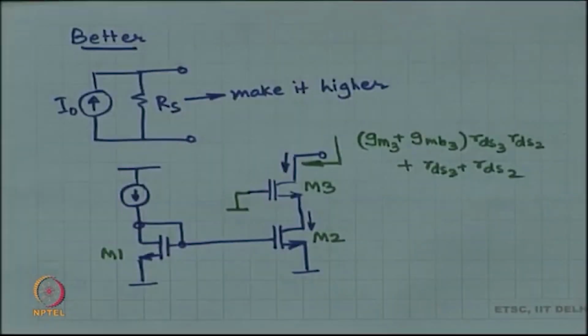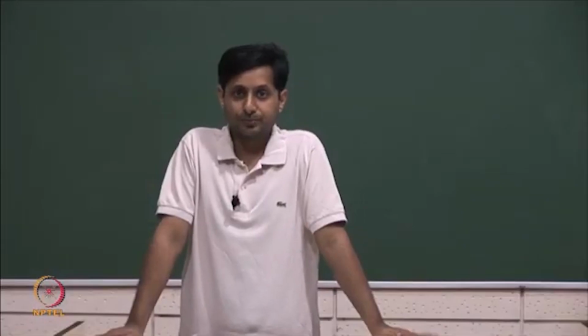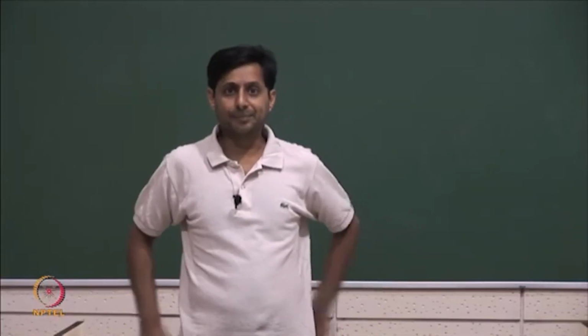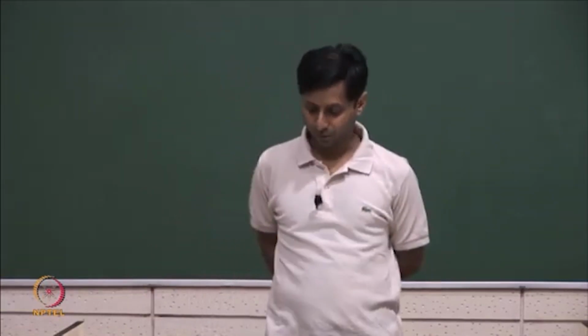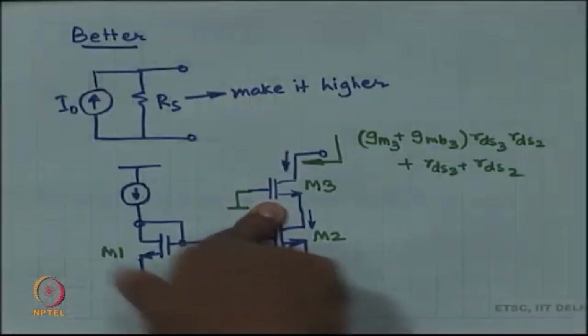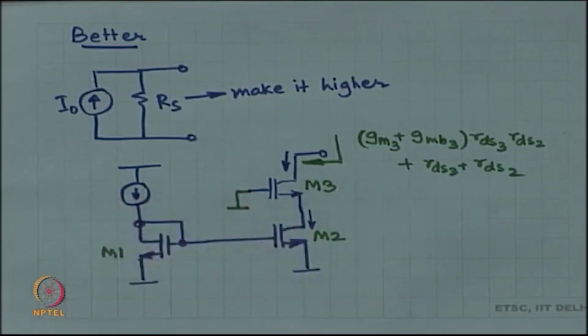Okay, we will look at that later on, but for now, do you understand that the impedance became a lot higher just by adding M3 in cascode? Okay. We already studied the cascode, just by adding this common gate stage on top, I have got a much higher impedance. Great.